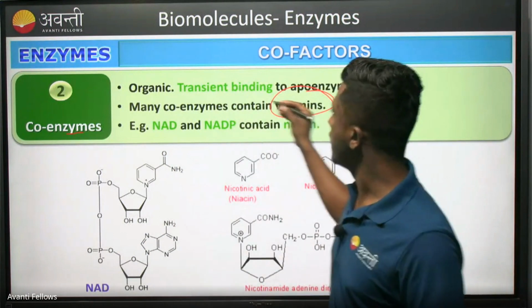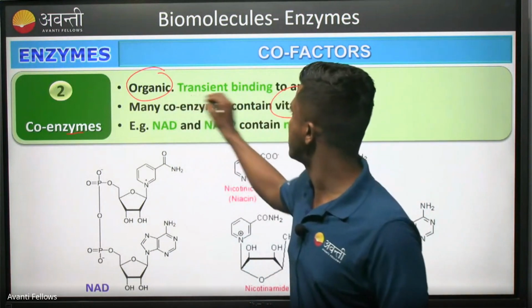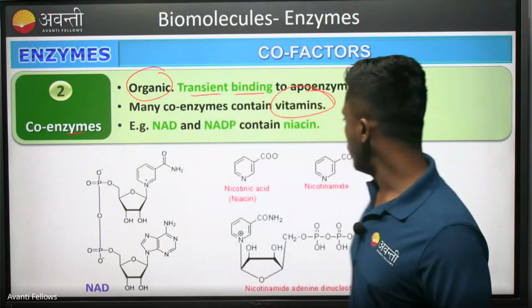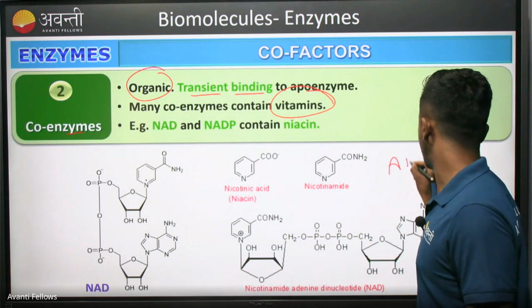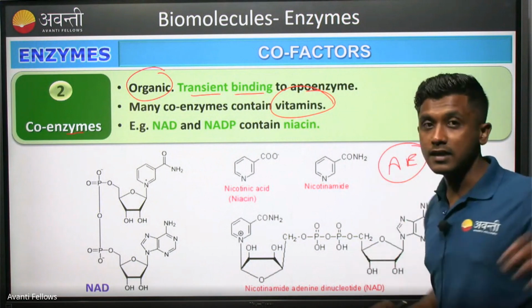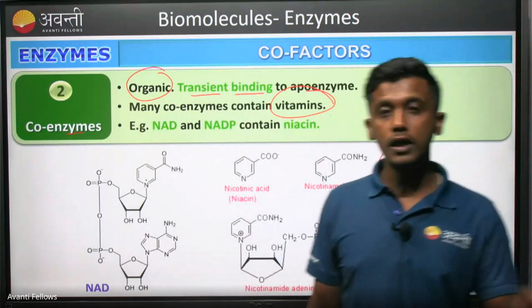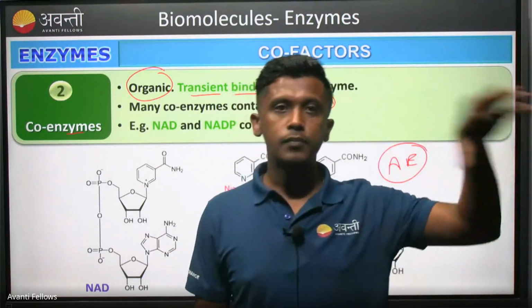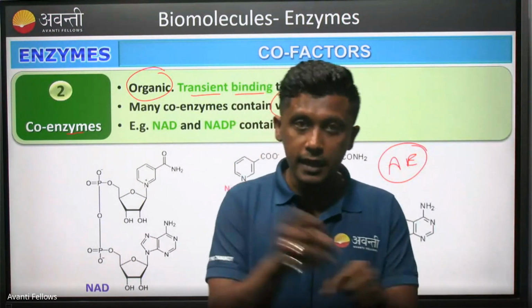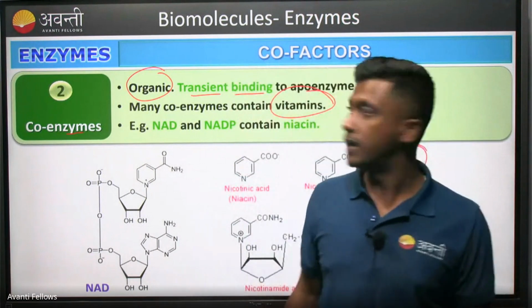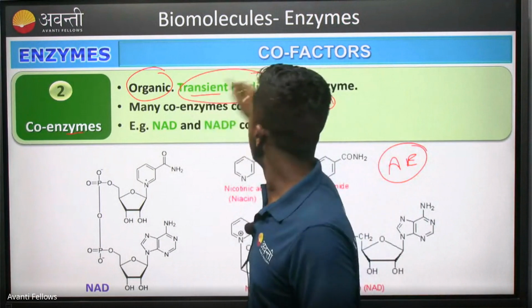Whenever we have an organic group, it is called transient binding. What is the meaning of transient binding? If you have an apoenzyme, to make this a holoenzyme, these cofactors are produced only when required for that particular chemical reaction. That binding happens only when that particular enzymatic activity is happening. So that is called transient binding.